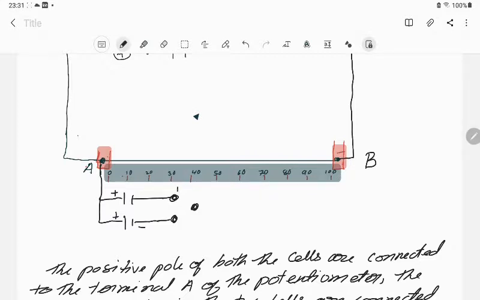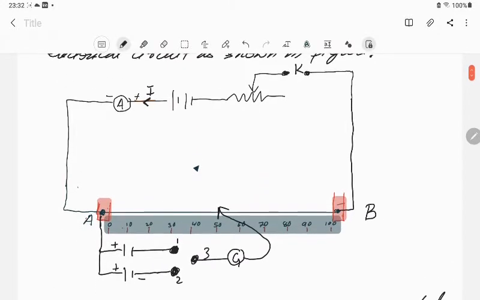In a two-way key there are three points: 1, 2 and 3. I will connect this with galvanometer and then jockey. Okay, this is the diagram.